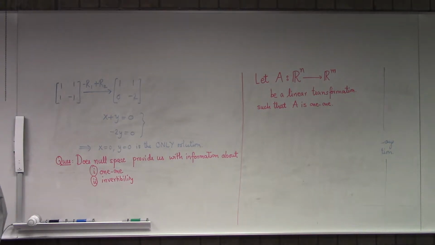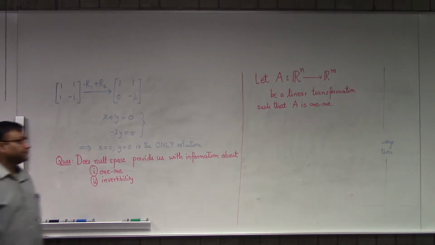Suppose this is a linear transformation that is 1 to 1.